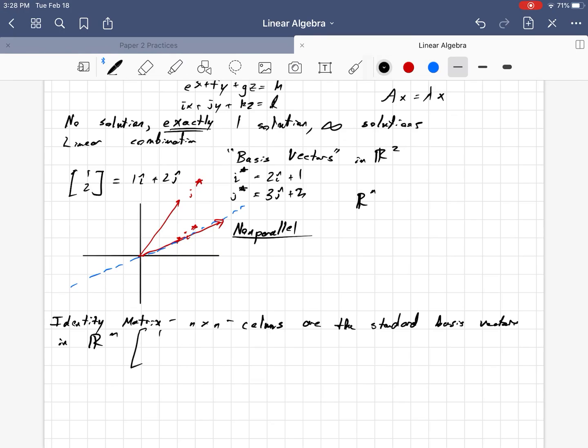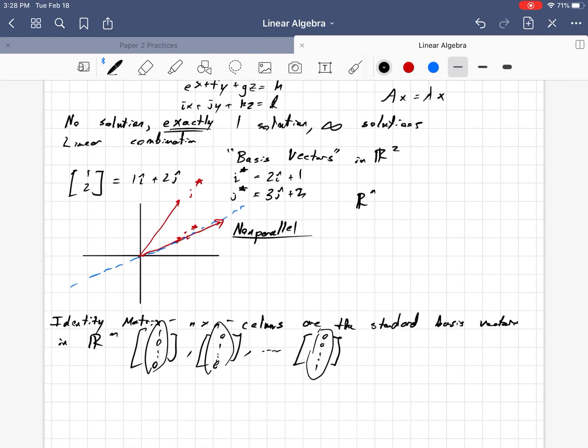So in other words, the vector 1, 0, ..., 0, the vector 0, 1, ..., 0, and the vector 0, 0, ..., 1, where there are n entries in each.